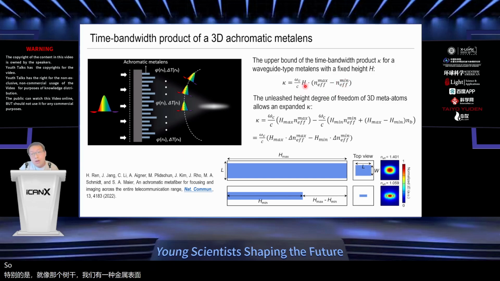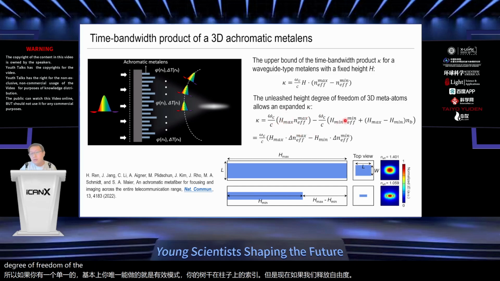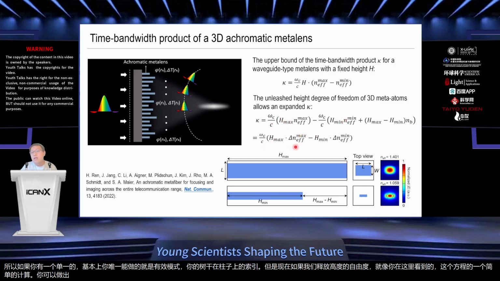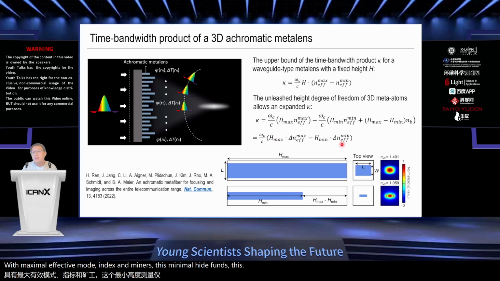If you have a single height, the only thing you can play around with is the effective mode index of your truncated pillar. But now if we release the degree of freedom of the height, as you can see here, from simple derivation of this equation you can make the kappa larger. Basically, you can work with the maximal height of the pillar times the maximal effective mode index, minus the minimal height times the minimal effective mode index.